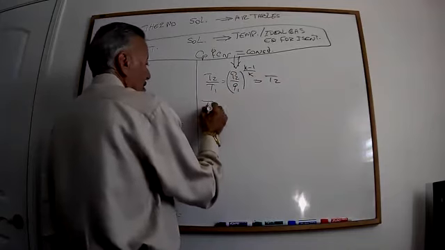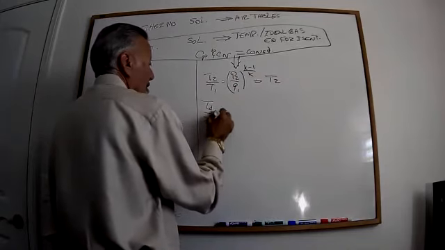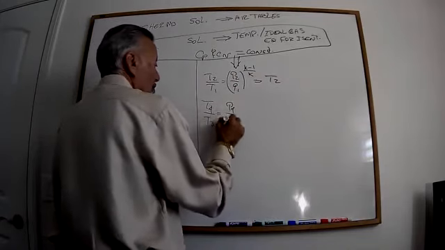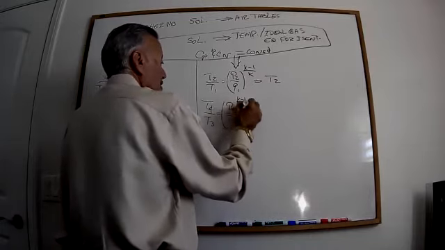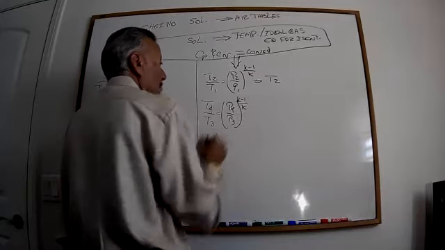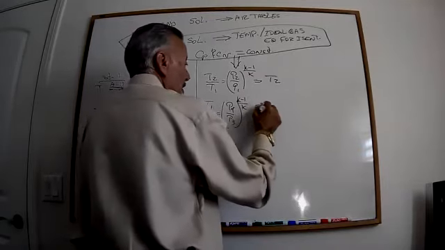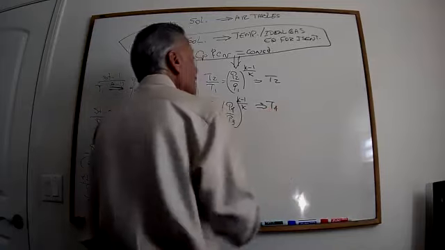Then T4 over T3 is equal to P4 over P3 to the power of K minus 1 over K. And that's how you find T4.